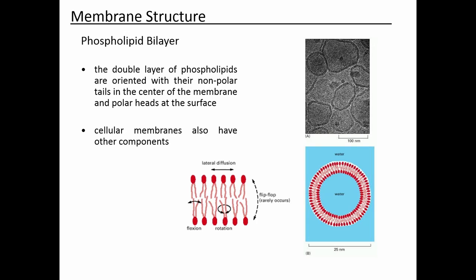What are two changes that you would want to make in terms of the phospholipid molecules in your membrane to keep fluidity relatively constant? Longer tails or more saturated.